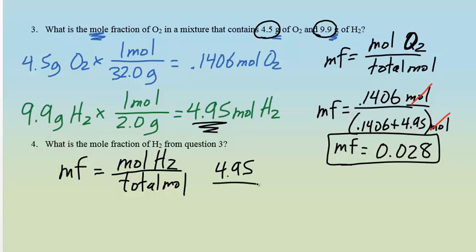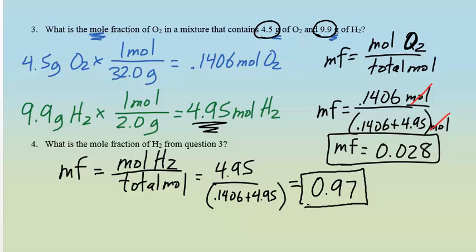The total moles is the same as before, 0.1406 plus 4.95. And of course, our units cancel out again, leaving us with 0.97 is our mole fraction. And again, two significant figures.